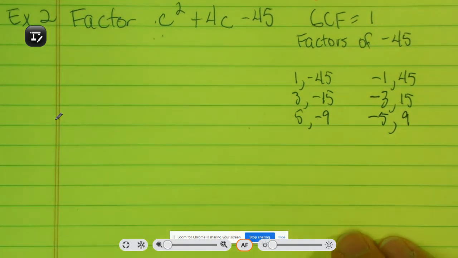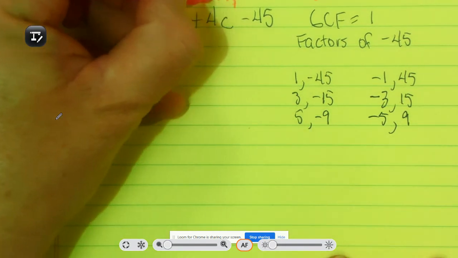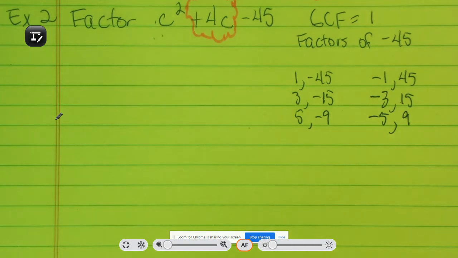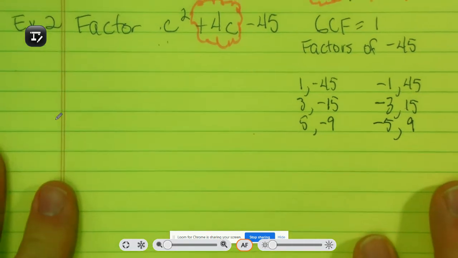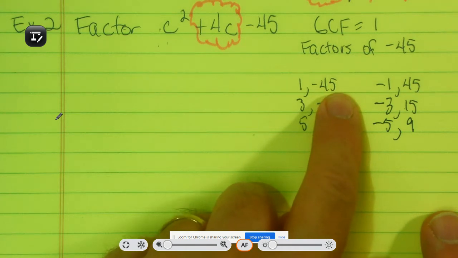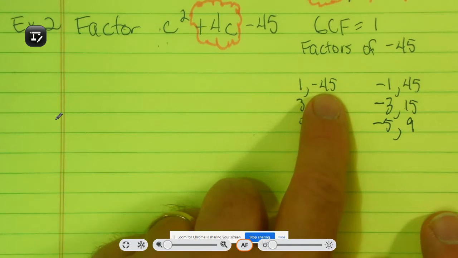Now we'll look at my center term. My center term here is positive. Now, since my center term is positive, when I go to add these, the larger of the two numbers matters, because remember, if one's positive, one's negative, I have to actually subtract them and keep the sign of the larger number, at least the absolute value of the larger number.